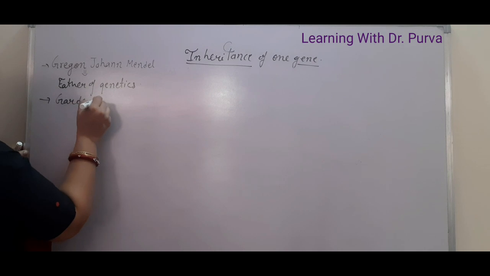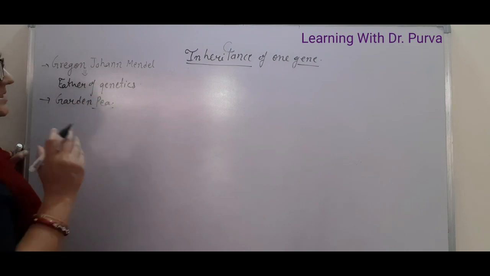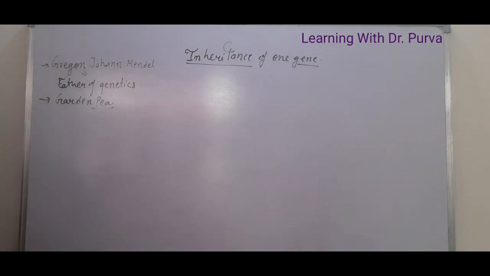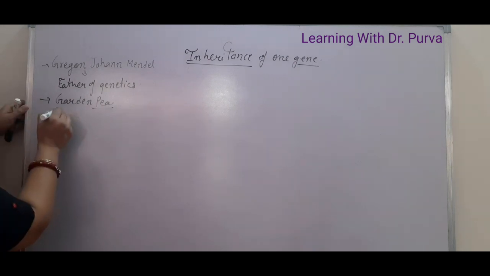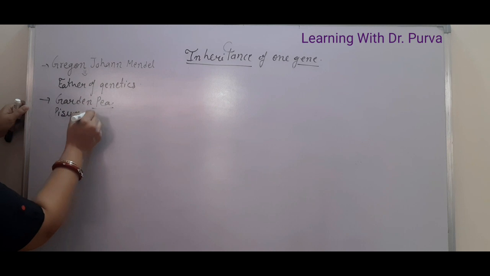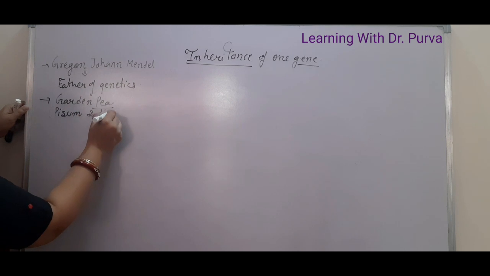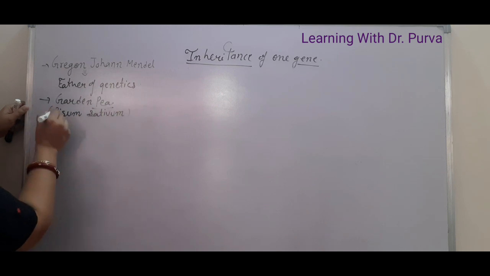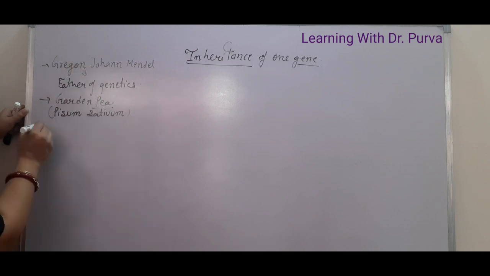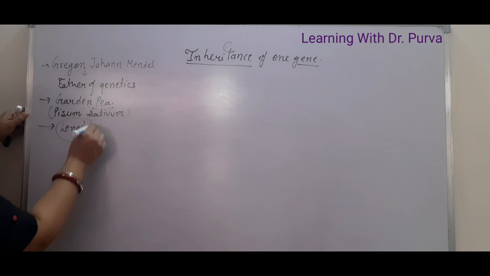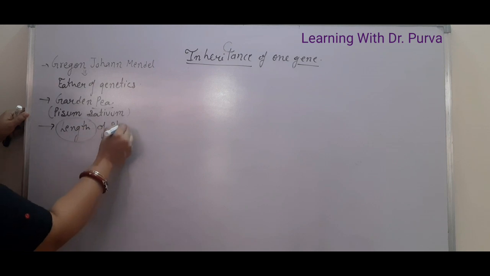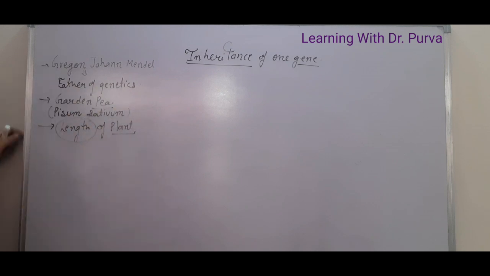In the garden pea, he basically studied 7 characteristics and did experiments with them. The botanical name of the garden pea is Pisum sativum. To study the inheritance of one gene, he used only one character, the length of the plant, on which he did the experiment.